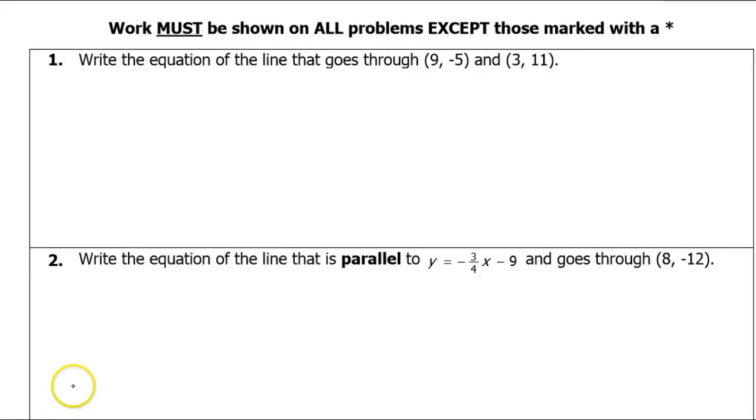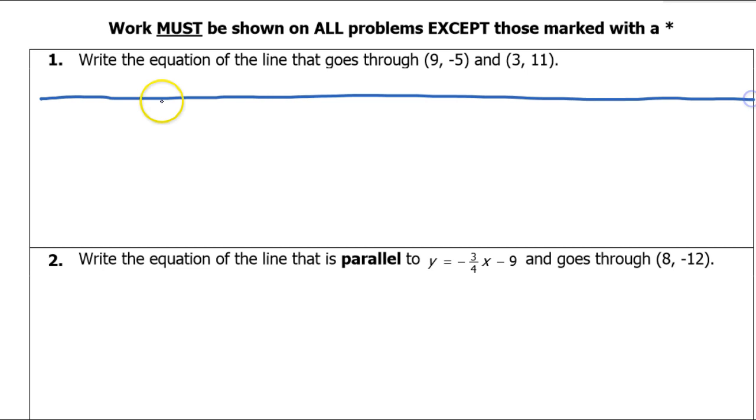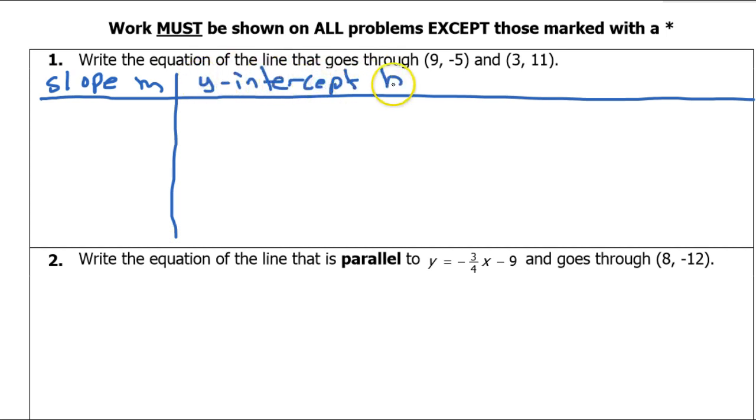In this video, I'm going to show you how to write the equation of a line given a variety of information. Now, my favorite strategy is to make a chart like this, where I find a slope m, and then I will find the y-intercept b, and then I will write the equation.